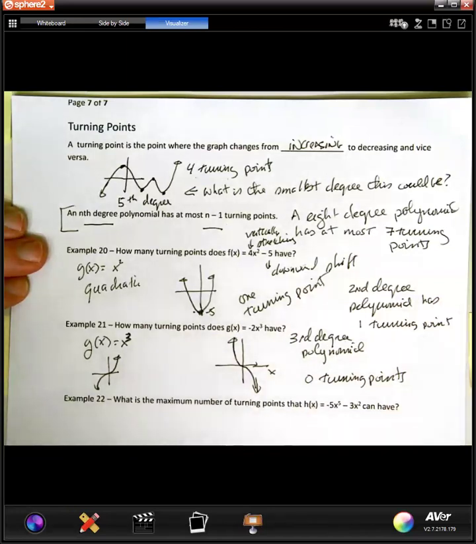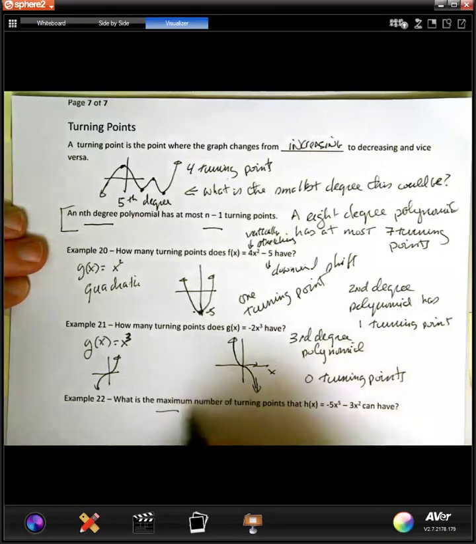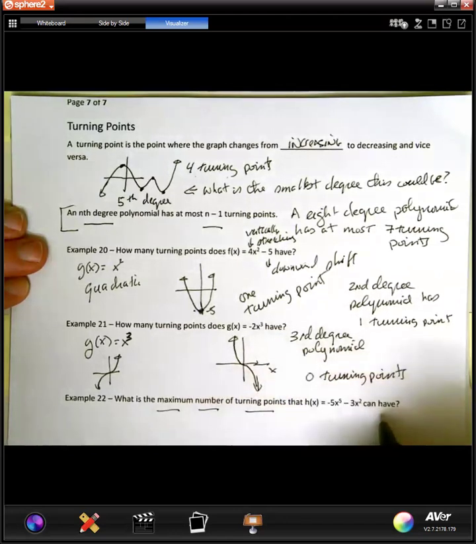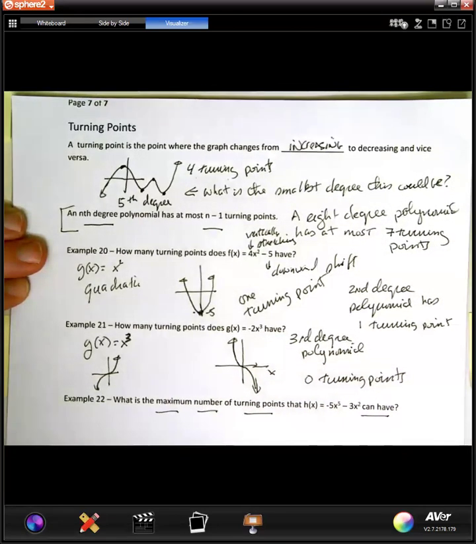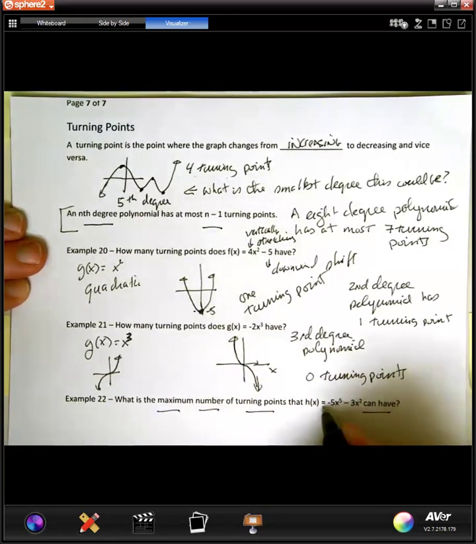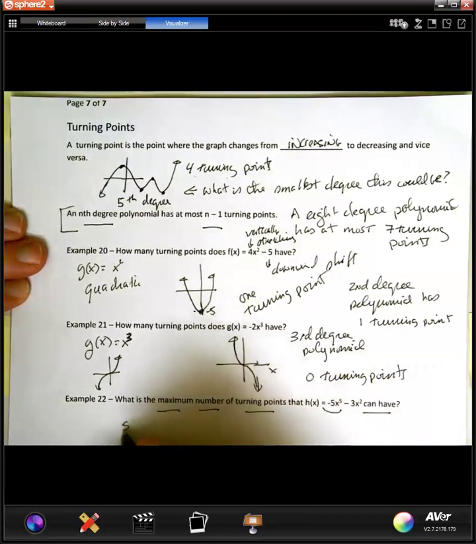Okay, what is the maximum number of turning points negative 5x cubed minus 3x can have? So again, it's not asking how many it has, just at most, how many can it have? Because I look at the degree, this is a 5th degree polynomial.